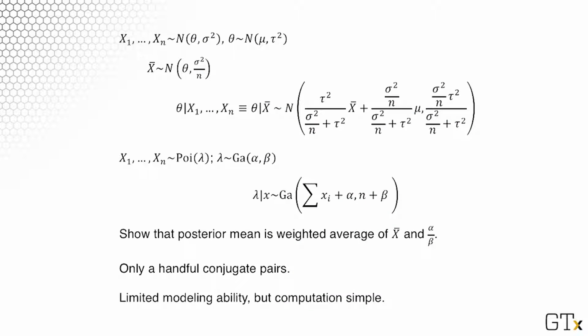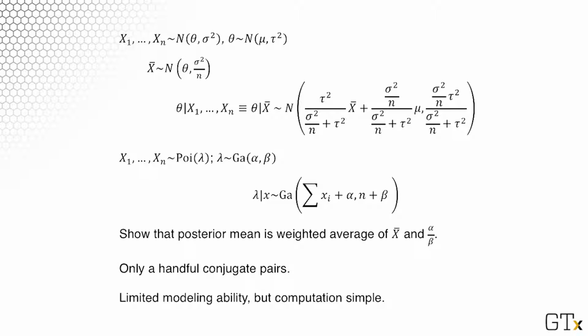Now, we saw the example in which we have a single observation which was normal. The prior on the parameter was normal, and the posterior remained in the normal family, so it was a conjugate problem. But what if we have x1 up to xn, n observations, and each of those is normal with parameters theta and sigma squared?